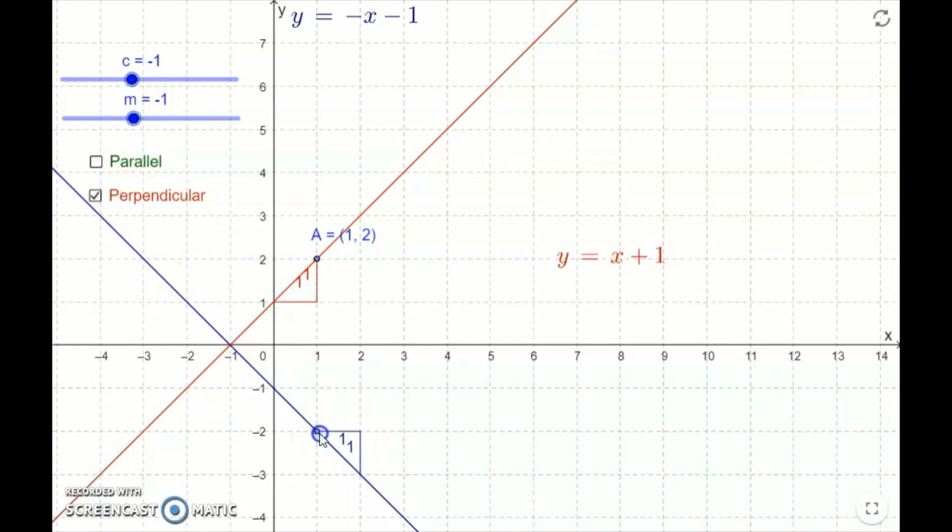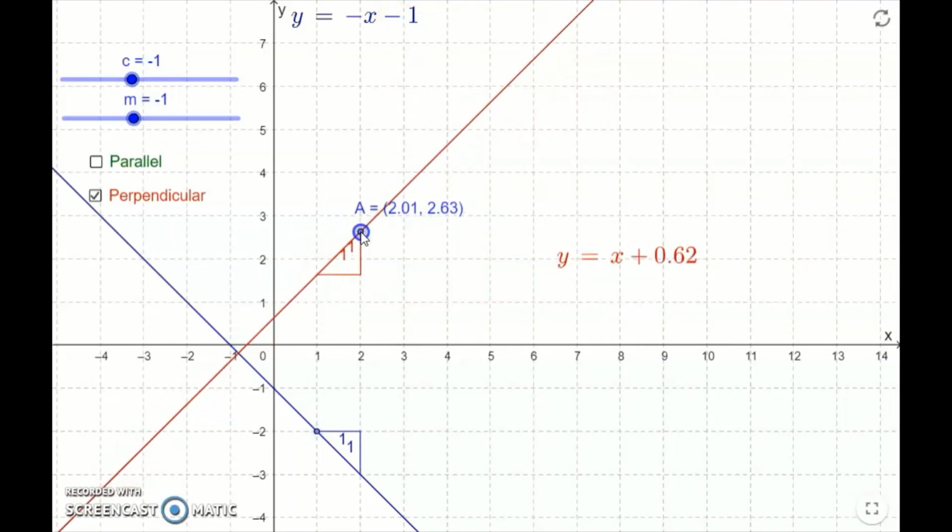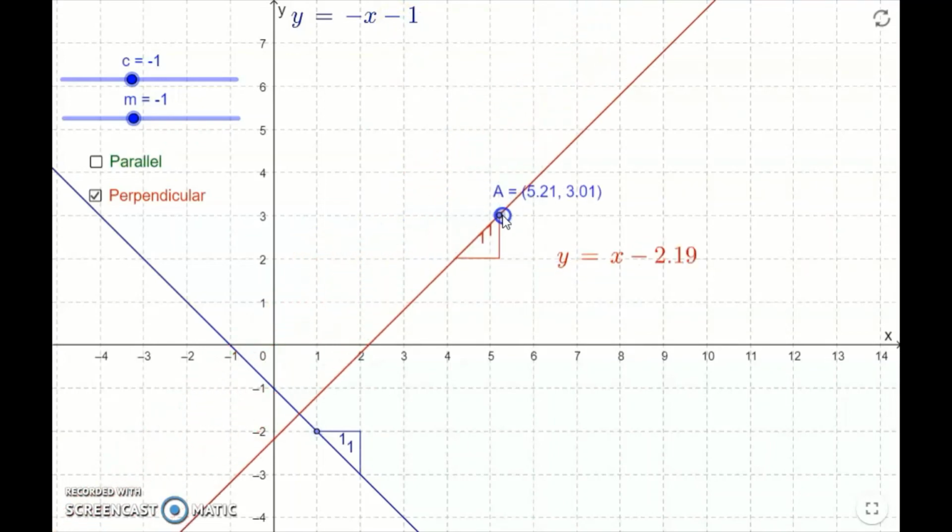Here we have a negative slope of -1, a run of 1 and a rise of -1. So the perpendicular line will have a run of 1 and a rise of 1. Its equation will be y equals 1x plus something. This will be -1x. But we can choose any point we like and make ourselves a perpendicular line.